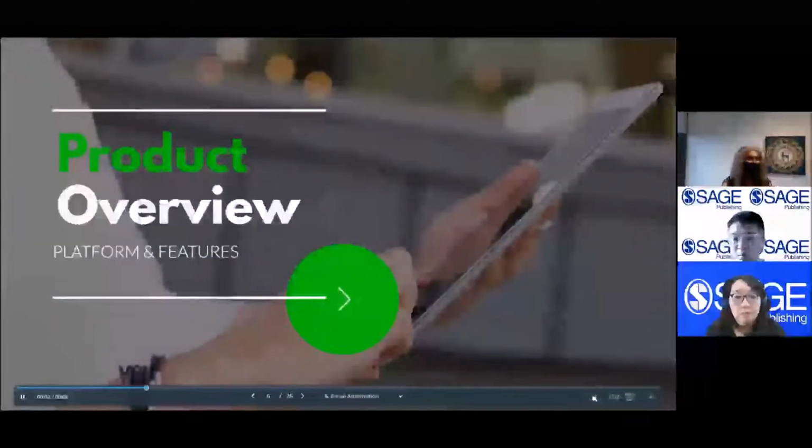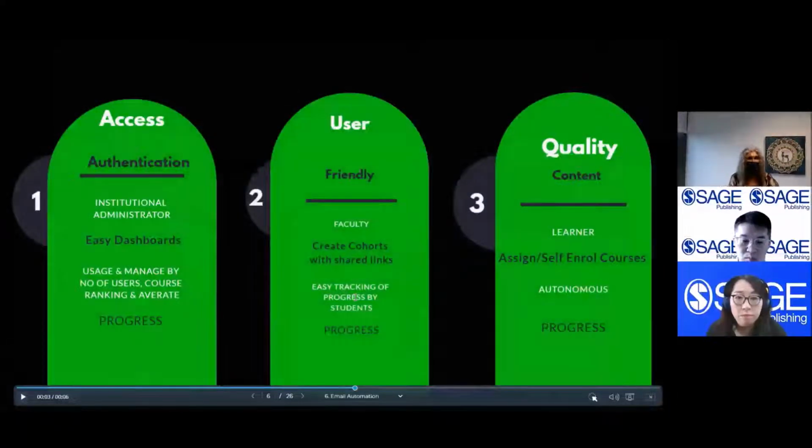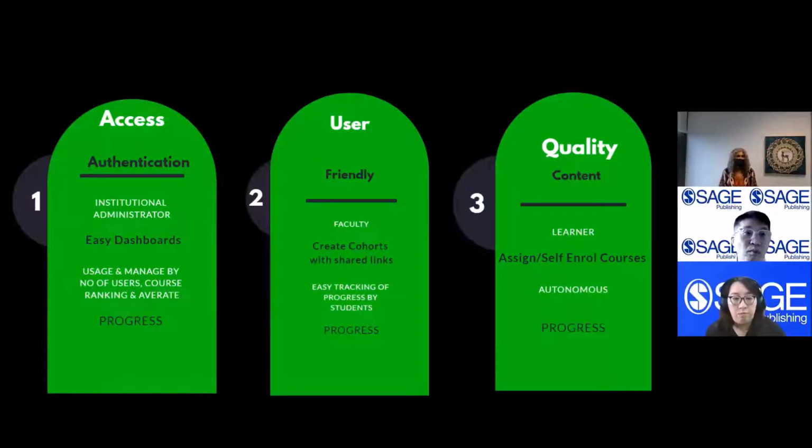So what are the features of this product? Since March, we launched about 30-odd courses, and we target three groups of very key customers of ours. The librarian, as an institutional administrator, wants a very easy dashboard, something very easy for me to see. What are the courses that most people are signing up for?